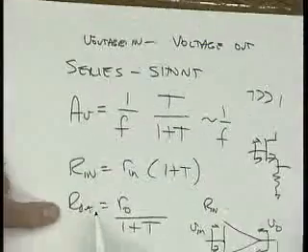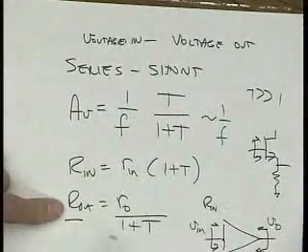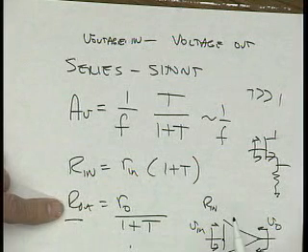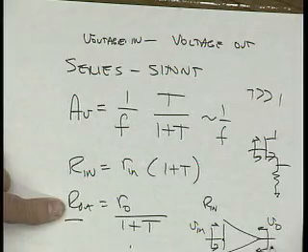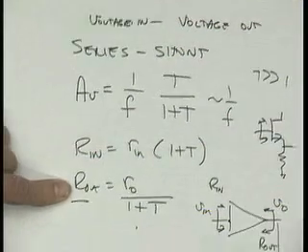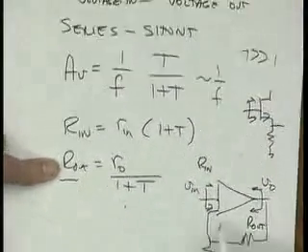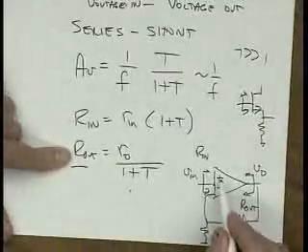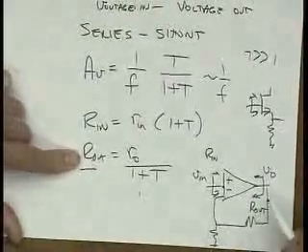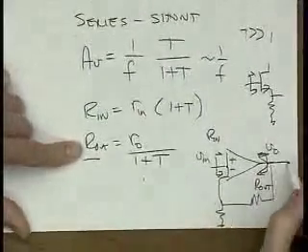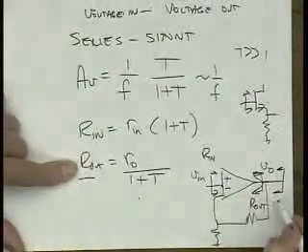So look what this feedback does. It makes the output resistance small. It takes the basic amplifier, and we put some feedback around it, and this should go back to here. This is R out.